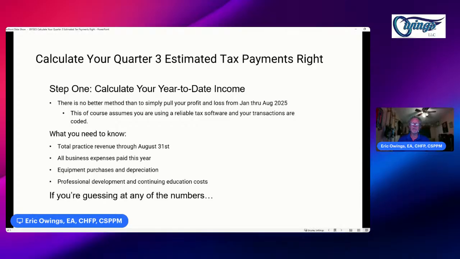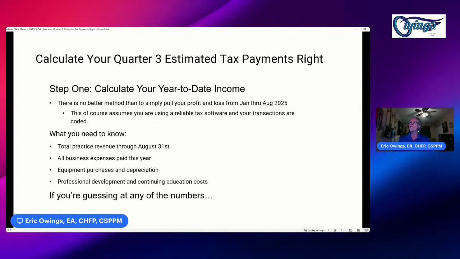Any asset that you put into service, if you meet all the other income qualifications, actually qualifies once again for 100% bonus depreciation. So this certainly needs to make its way into your calculation.